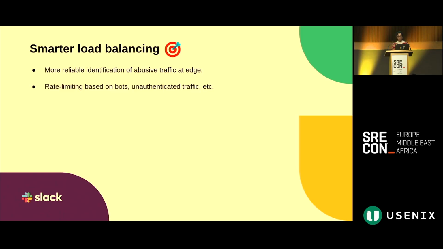And now we can rate limit a specific bot or webhook. We can also rate limit unauthenticated traffic, which is by far the most popular one for us. We have a rule set all the time for unauthenticated traffic. We can tune how much, but this is the most used for us.